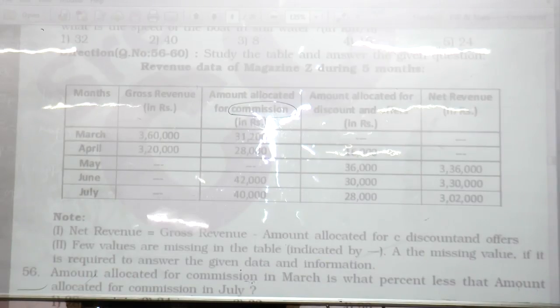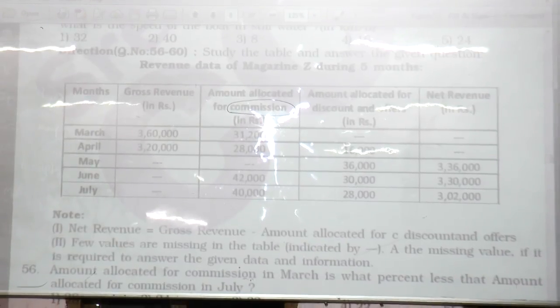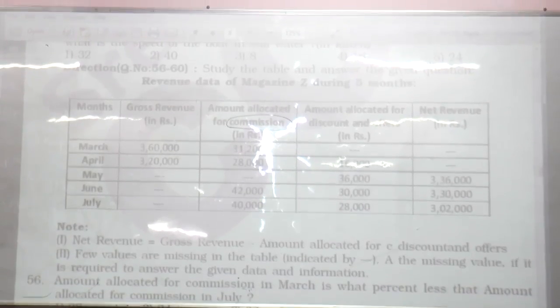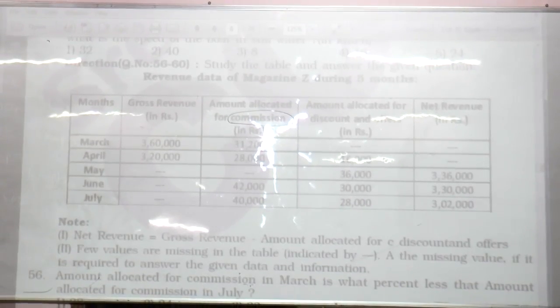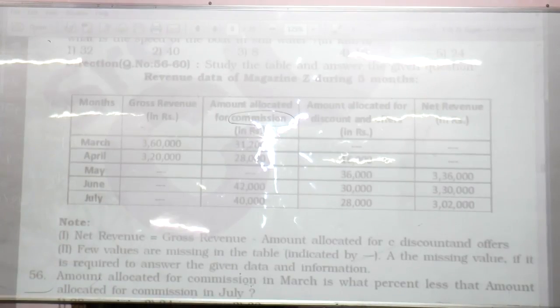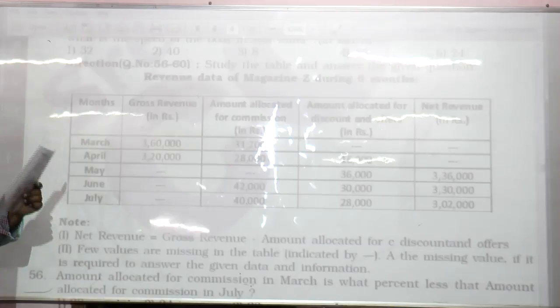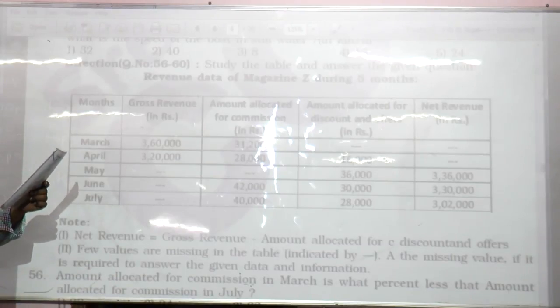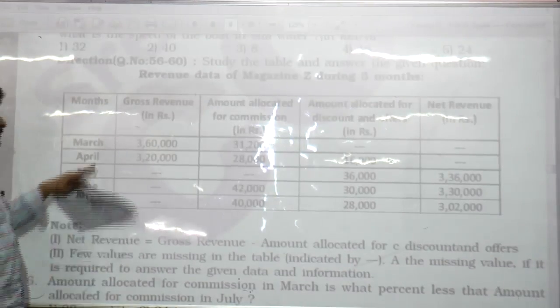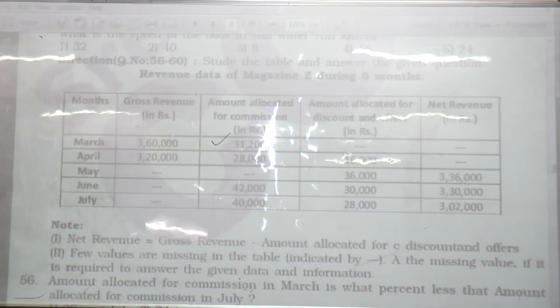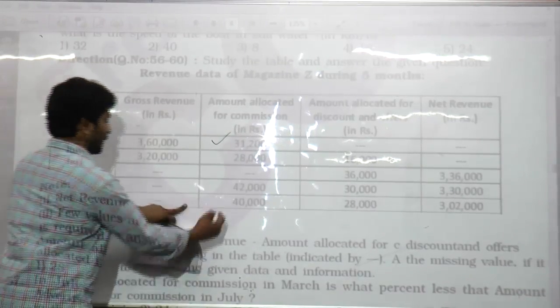Now let us see the 56th question. The amount allocated for commission in March is what percent less than the amount allocated for commission in July?